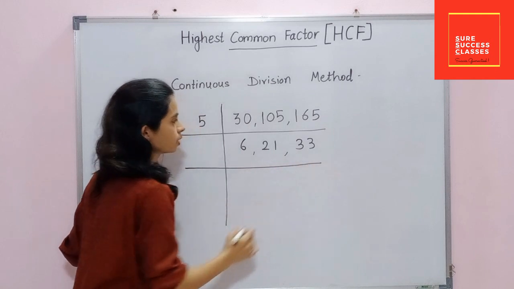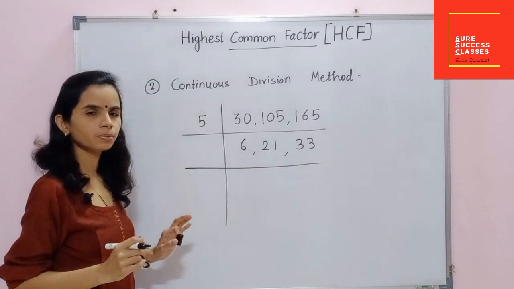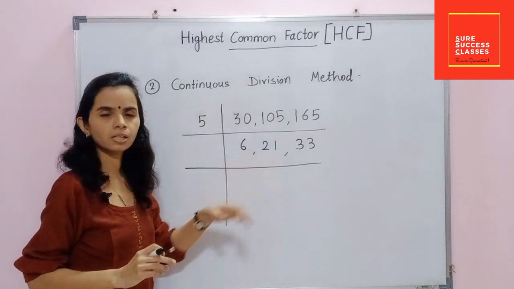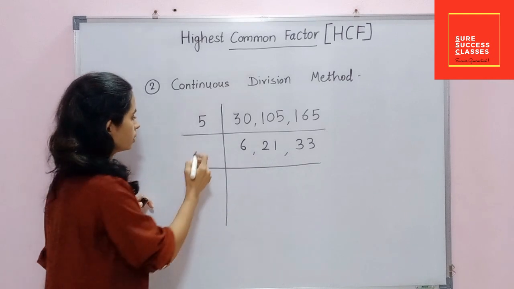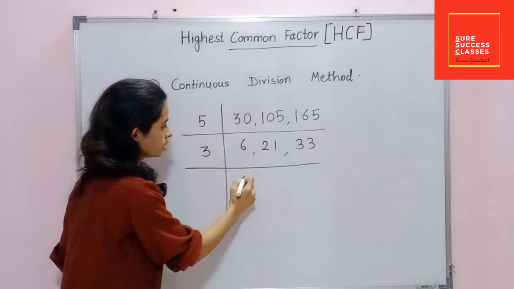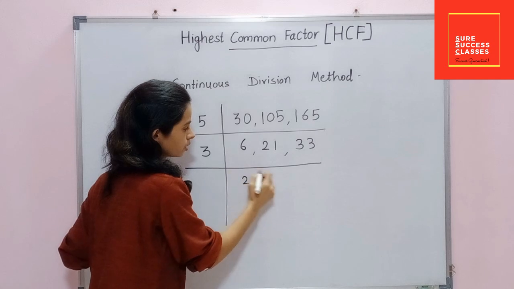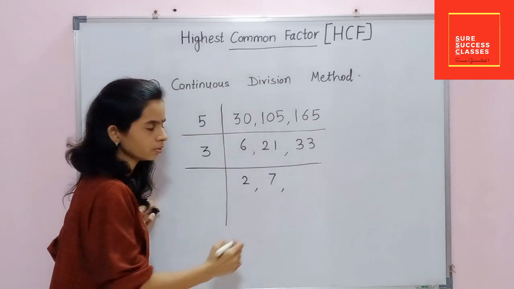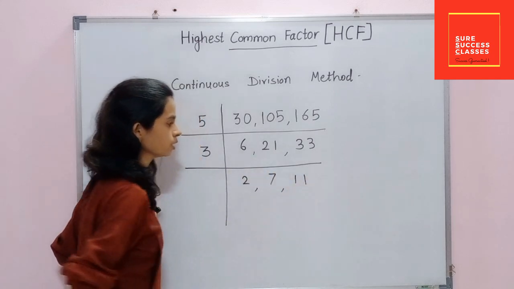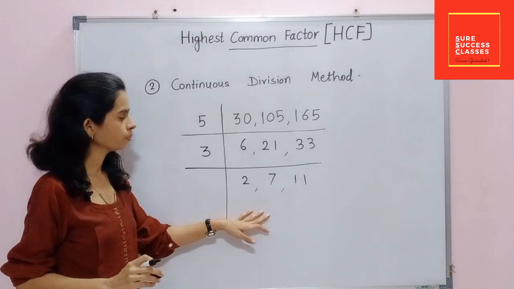Then by using divisibility rules, these numbers are divisible by number 3. 3 2s are 6, 3 7s are 21, 3 1s are 3 and 3 1s are 3. Here we have got prime numbers.